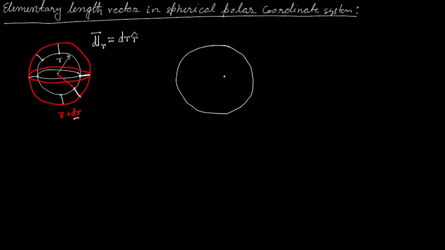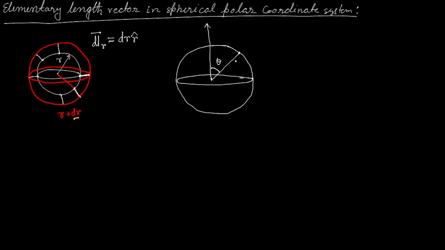Let's say this is a sphere, and this is the z-axis. Now consider a point on this sphere making an angle theta with the z-axis.